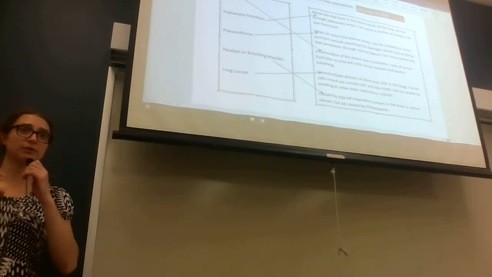Lung cancer, uncontrollable division of abnormal cells in the lungs. That is cancer. Cancer is when things constantly divide and multiply, and it's just awful. Cancer cells crowd out normal cells, kill them, suffocate them, and this can be caused by smoking or toxic respiratory irritants, such as pollution in the air. And that concludes lung stuff.